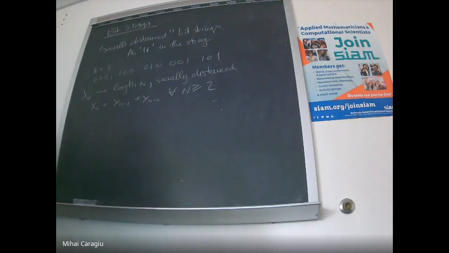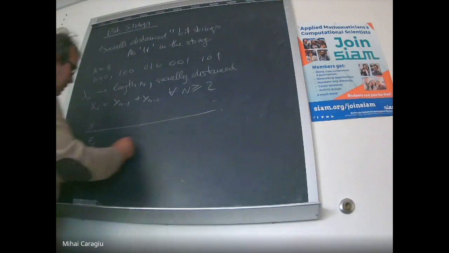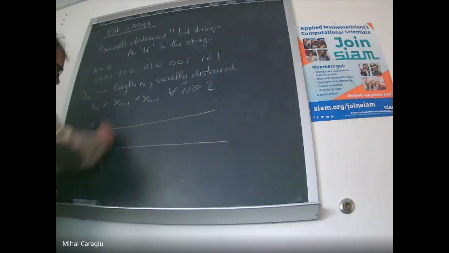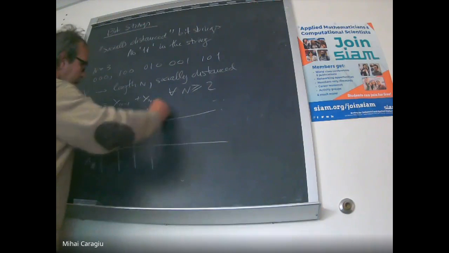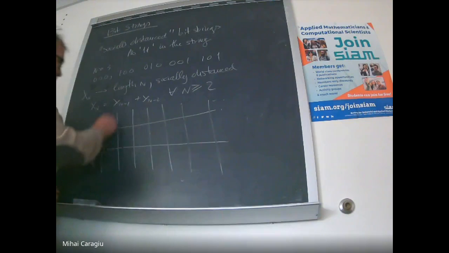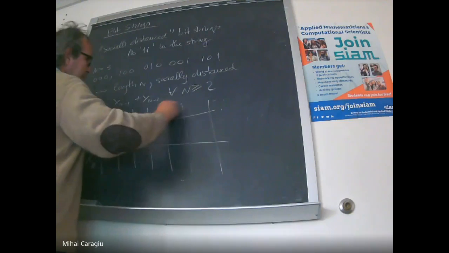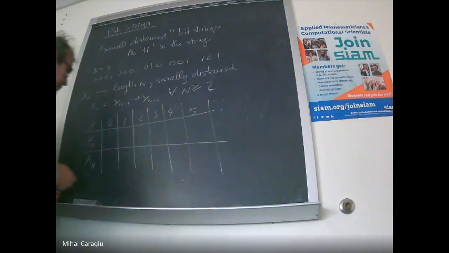Now we have a clear connection with the Fibonacci numbers. We have the same recurrence relation but different initial conditions. So let's put both of them, Fibonacci numbers and x_n, on the same table, n versus F_n versus x_n.